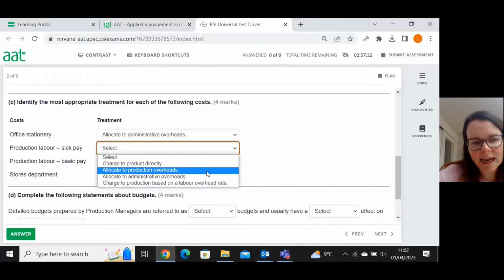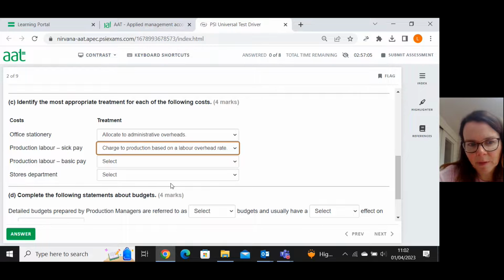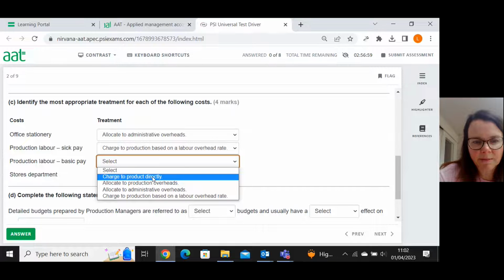Why is it not allocate to production overheads? I think the only logic I can give there is because it's to do with labour, which isn't really a satisfactory explanation, but we'll go with that. Production labour basic pay, that one's simple.